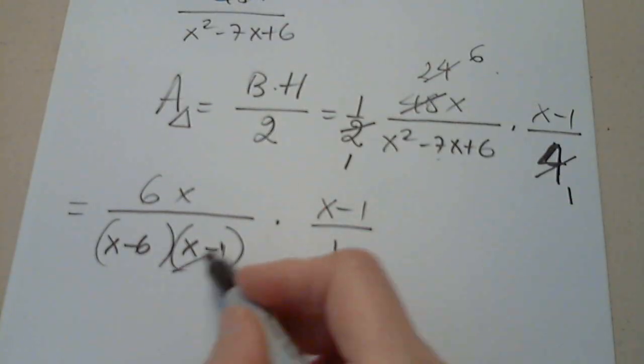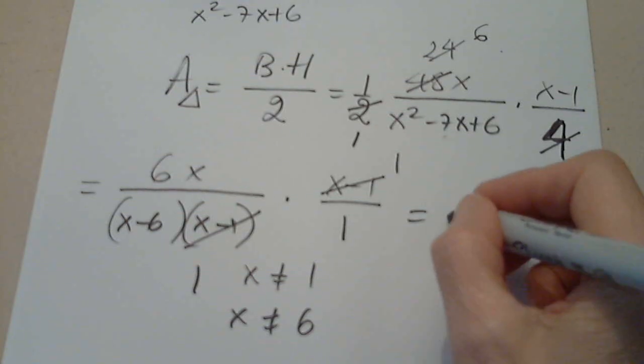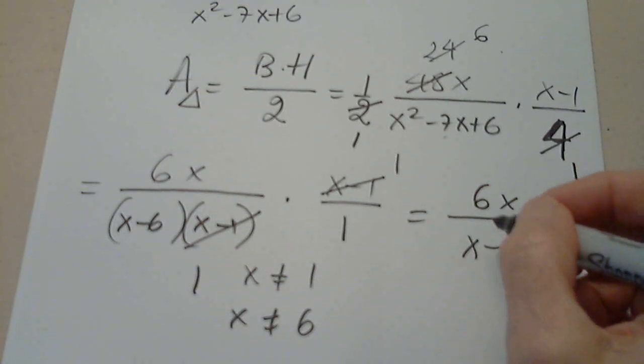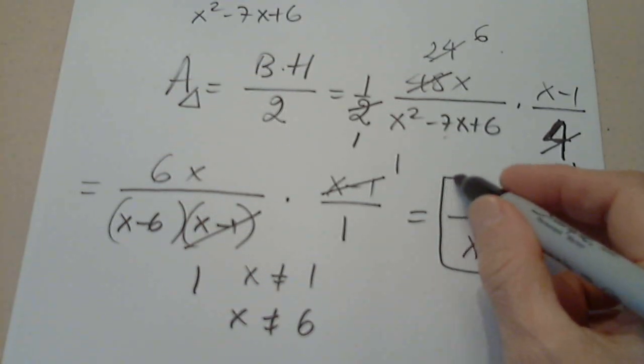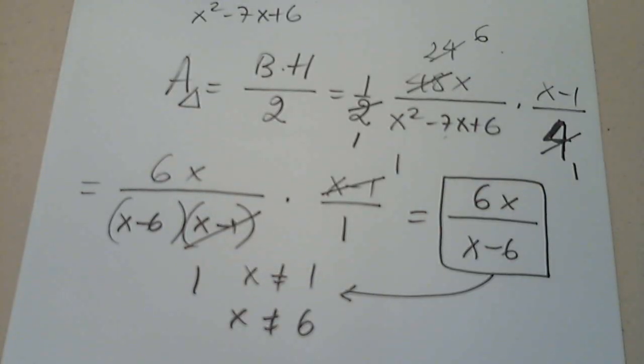I will simplify by x minus 1. Then the numerator is 6x, and the denominator is x minus 6. If you try to simplify the 6, there will be a terrible mistake. So the simplified form of the area is 6x over x minus 6, but only under the condition that x is never 1 and x is never 6.